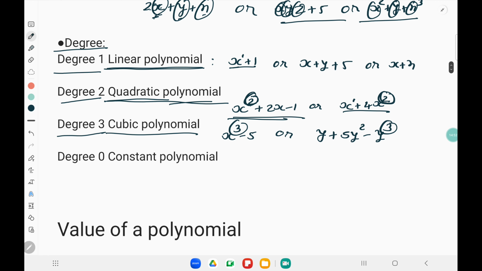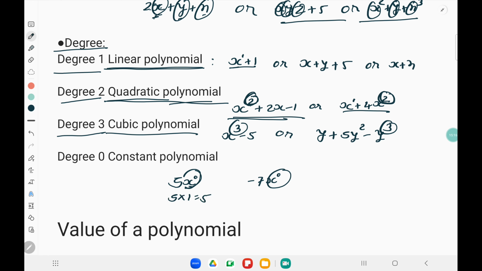Constant polynomial: I already explained it earlier, but let me explain one more time. 5x to the power of 0 minus 7x to the power of 0. As you know, if the power is 0, the value of that variable or number at the end is going to be 1.